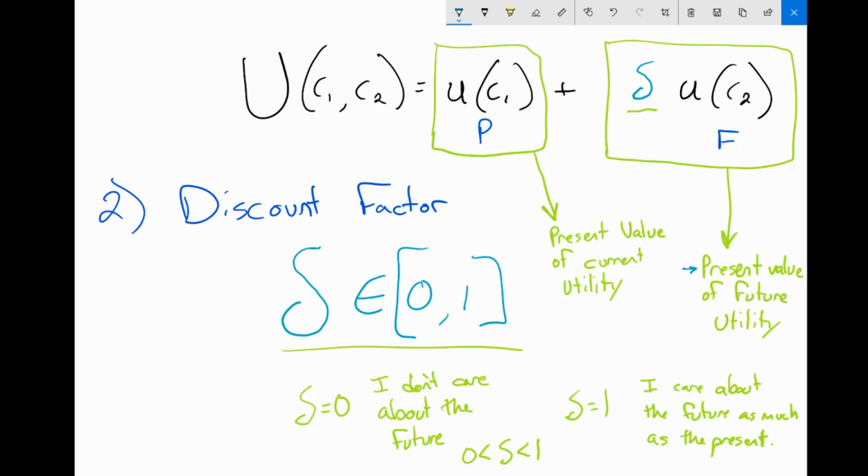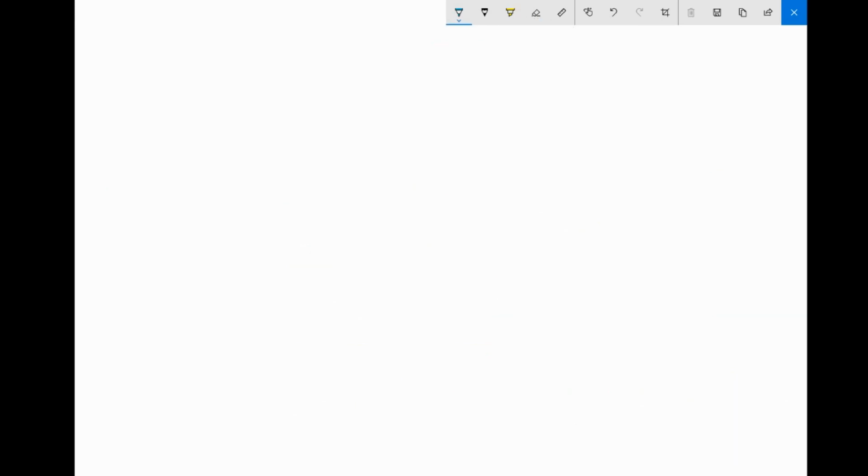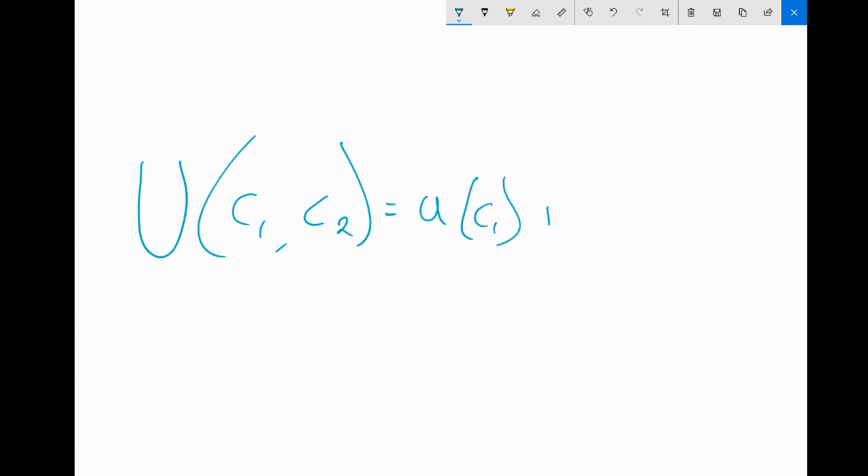All right, so this is overall, let's clear this and summarize. This is going to be my dynamic utility function, okay? It is the present value of current consumption plus the present value of discounted future consumption.